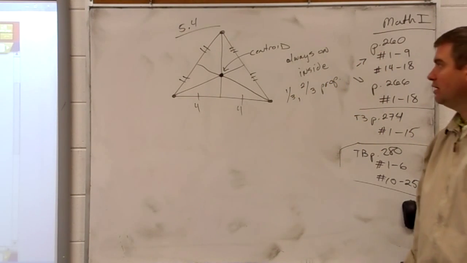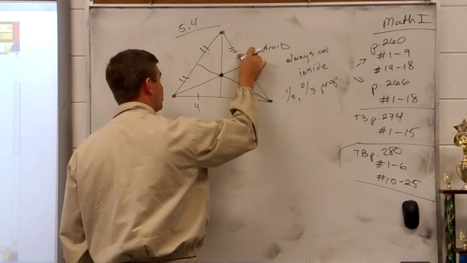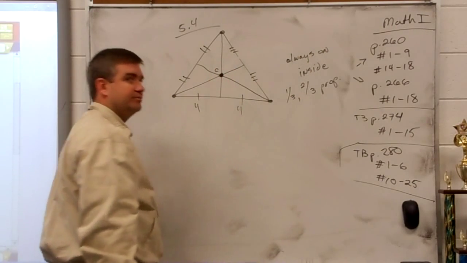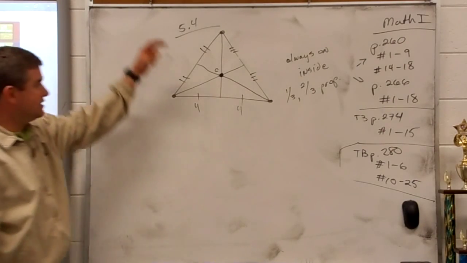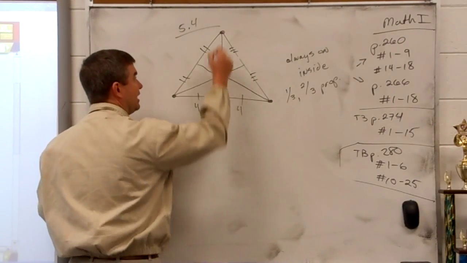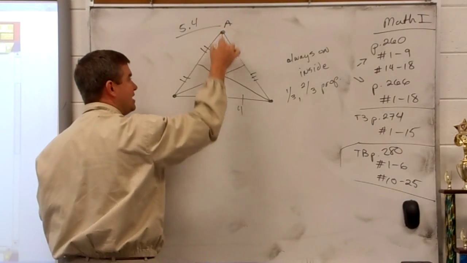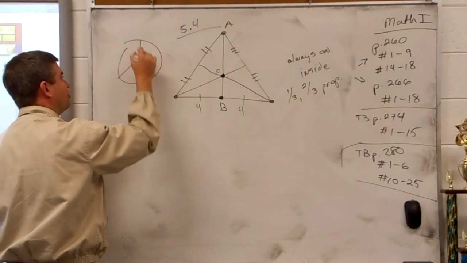And this is it. If I take a centroid, I'm telling you that this is the centroid, point C here. It always cuts this total distance. If this is A and this is B, and that's a median, that's the whole distance, it cuts it in thirds.